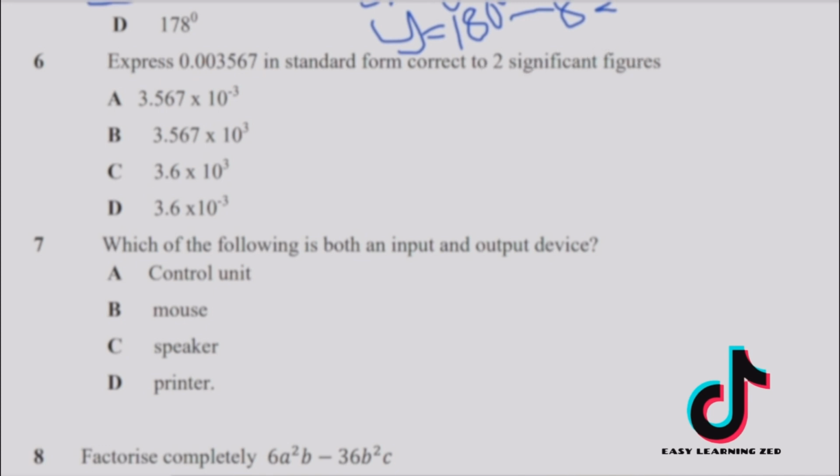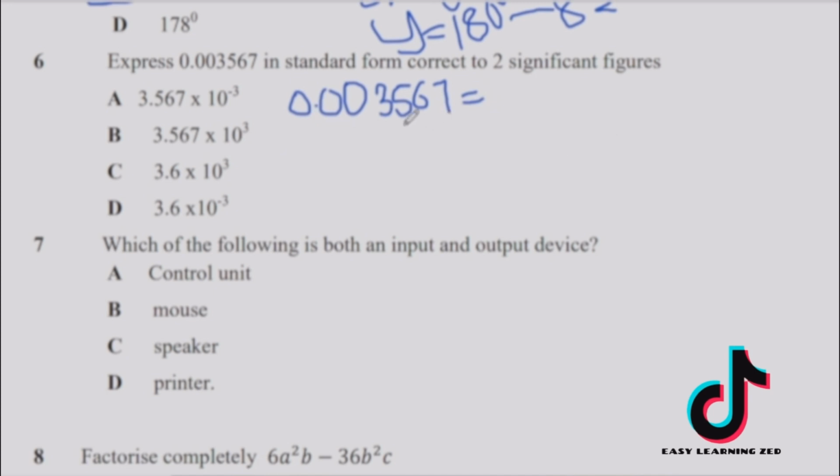What we're going to do here is rewrite the number, which is 0.003567.